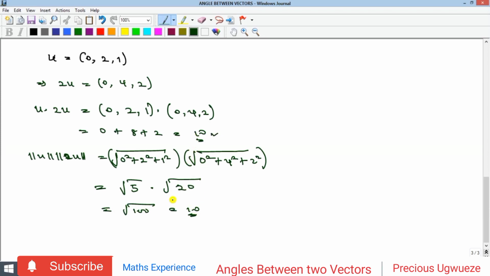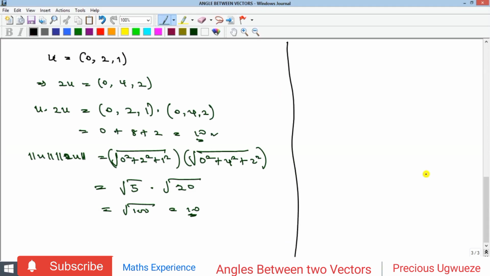And so since the dot product of the two vectors is equal to the product of the magnitudes of the two, then we say that both of them are parallel. We can actually do this using an arbitrary approach.